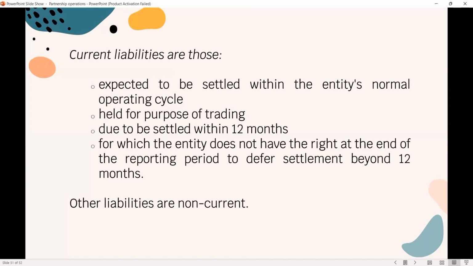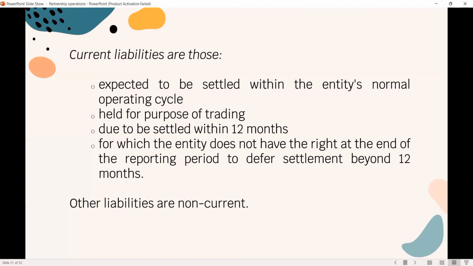While other liabilities are non-current, yun yung mga hindi siya classified doon sa distinguishment ng current liabilities. So examples for non-current liabilities are the long-term borrowings, secured or unsecured loans, long-term lease obligations, deferred tax liabilities, provisions, derivative liabilities, other liabilities getting due after 12 months. It means na you are settling your due after 12 months.